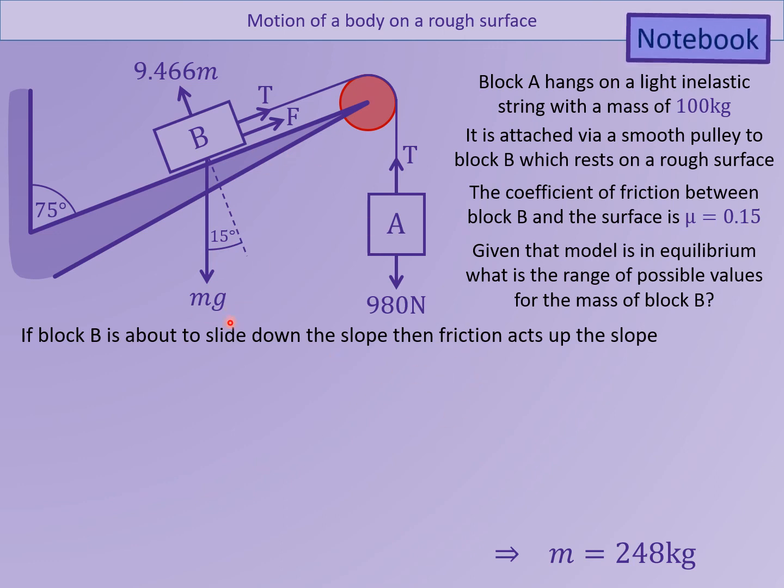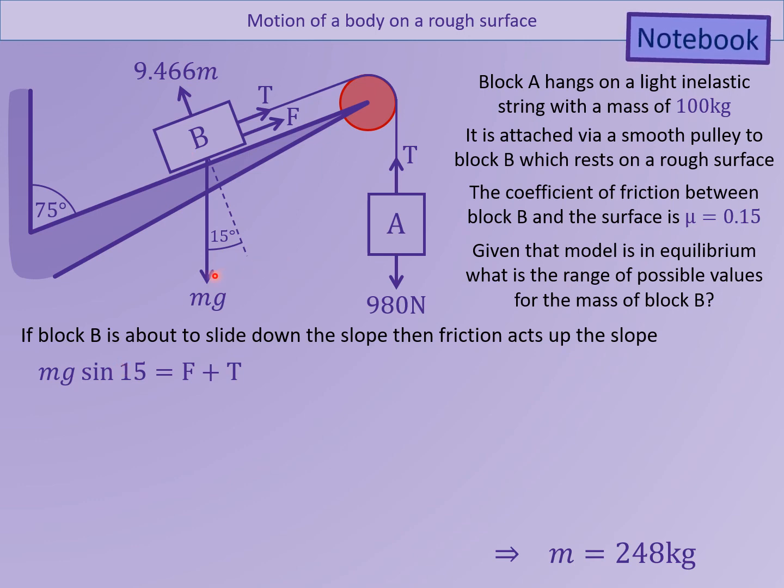So in this case, what now? Well, now I can still set up the force diagram exactly the same as before. So what's acting on this B? It's in limit in equilibrium, so it's about to move. So if I look at resolving down the slope, because I've already resolved perpendicular to the slope, so it's parallel to the slope.